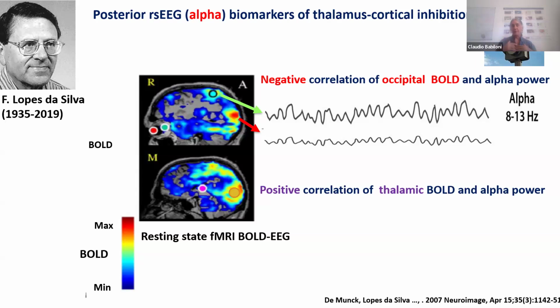So the reduction of alpha rhythms reflects cortical activation. Ample alpha rhythms reflect cortical inhibition. Again, a demonstration of the traffic light role of alpha rhythms: red, cortical inhibition.